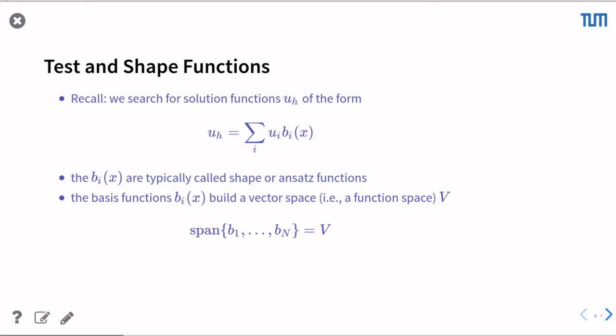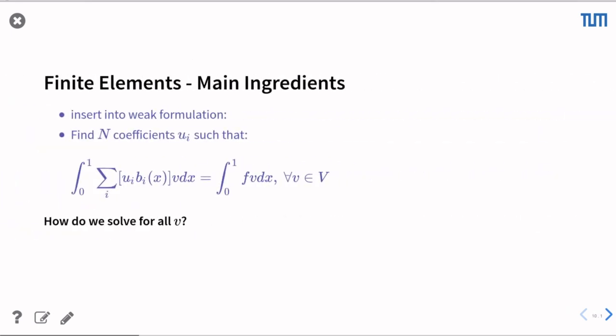But you can also choose a different function space. You could choose, for example, piecewise quadratics. That's not quite as common as using piecewise linears. But then your function space V is different. So now, how to get the matrix vector form? Well, we insert our basis representation of the function into the weak formulation.